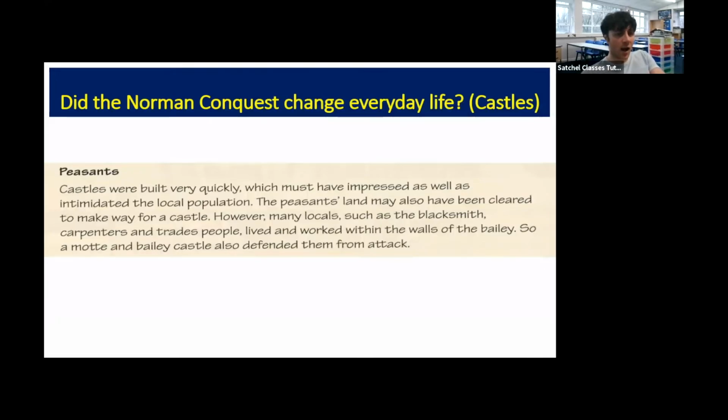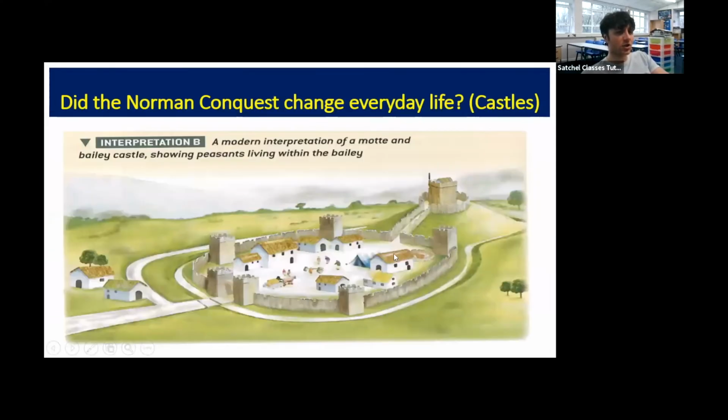the bailey. I'm just going to go briefly onto the next slide to show you that. So you may have seen a motte and bailey castle before. The bailey is this sort of area, this circular area here, where you can see the houses and the people inside. This is where people would live. And if you were a peasant living inside the bailey, then you were protected from attack.